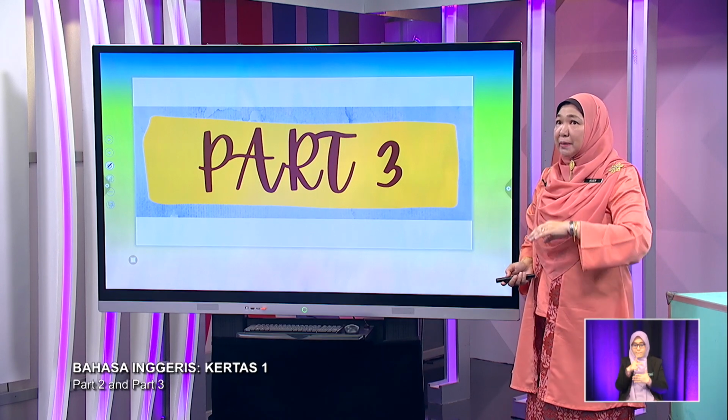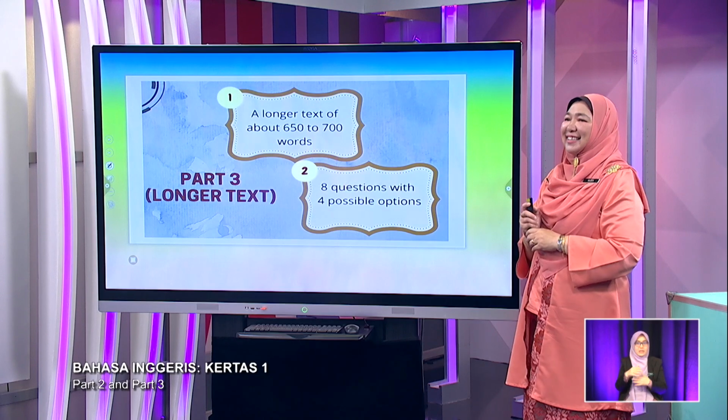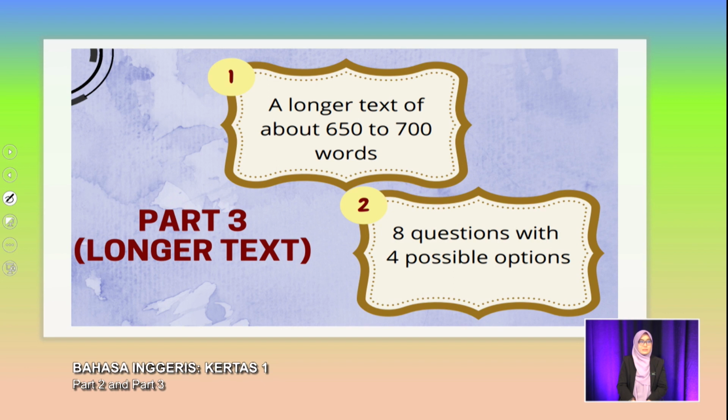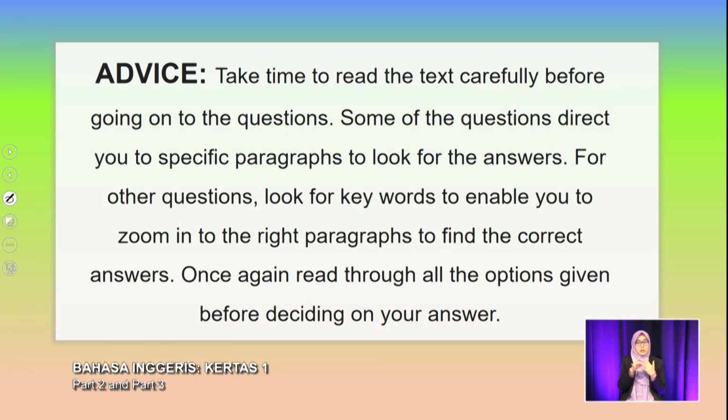This one is a bit longer text, a longer text of 650 to 700 words, meaning 1 page. Here, 8 questions with 4 possible options. First thing that you have to do is take your time to read the text carefully before going to the questions.